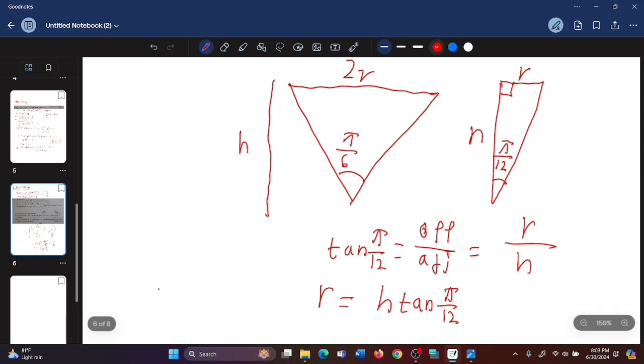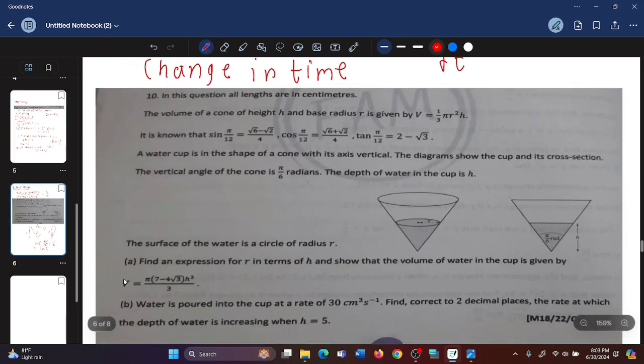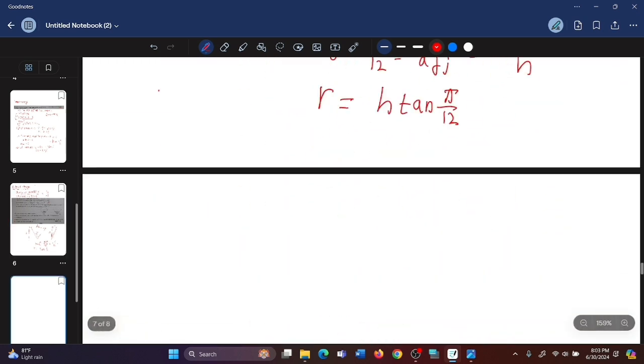Now let's see what we have to find next. We found r in terms of h. Now we have to find the volume of the water body in terms of h only. As we know, the formula of the volume of a cone is V equals 1 by 3 pi r squared h. Now let's substitute the expression for r that we got in this formula.